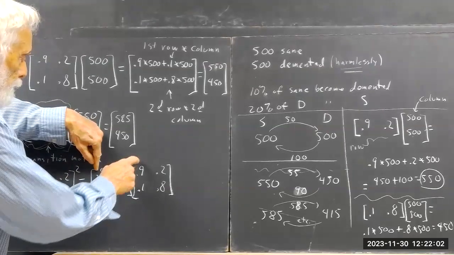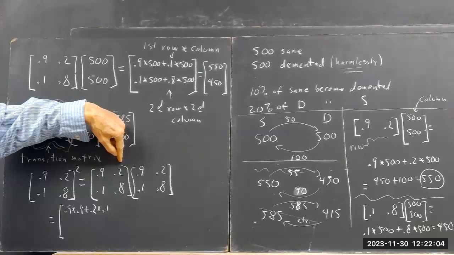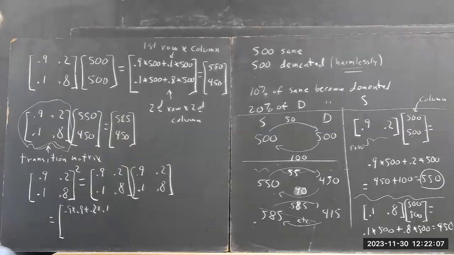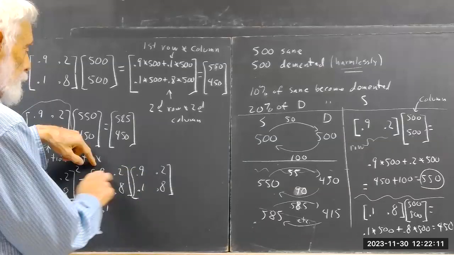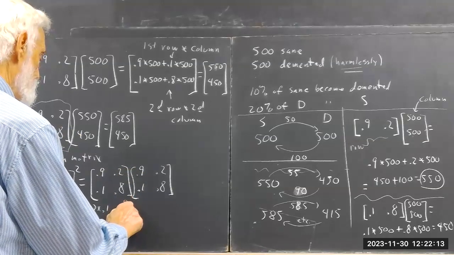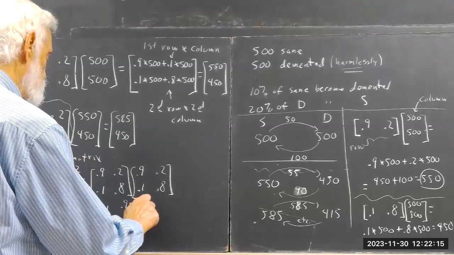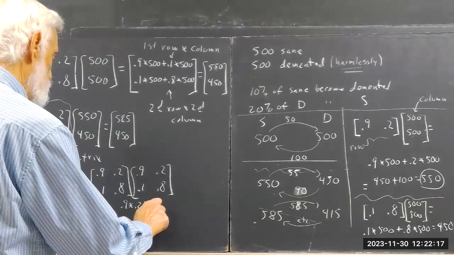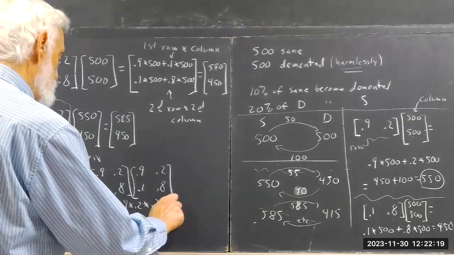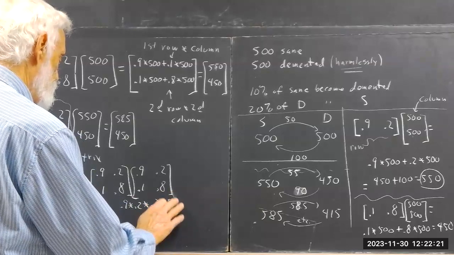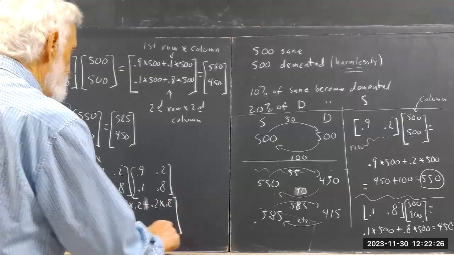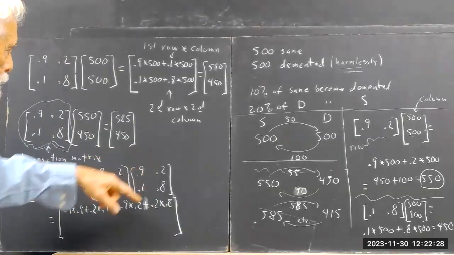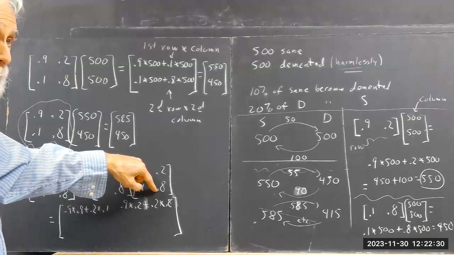This and this, right? You don't have time for me to ask you, so I'm just going to have to show you. And then we could do 0.9 times 0.2 plus 0.2 times 0.8.